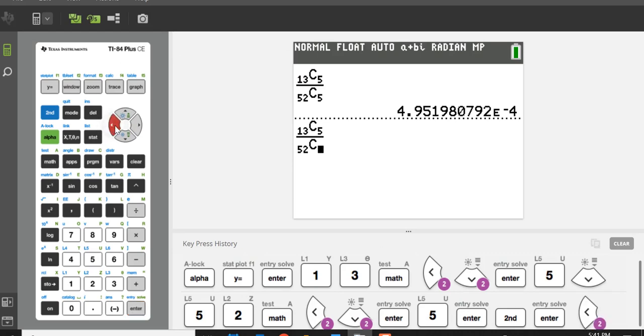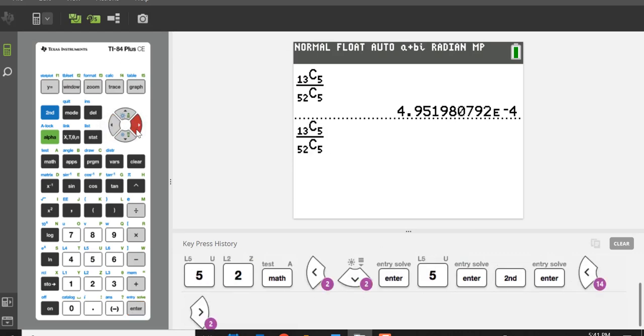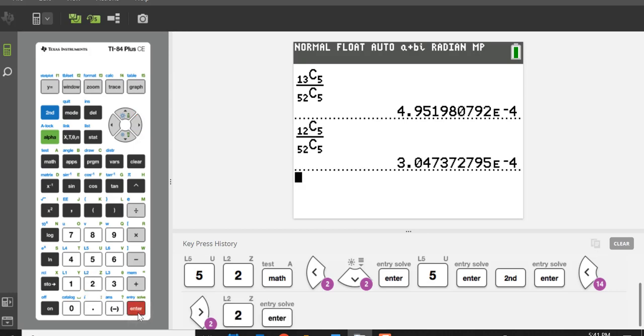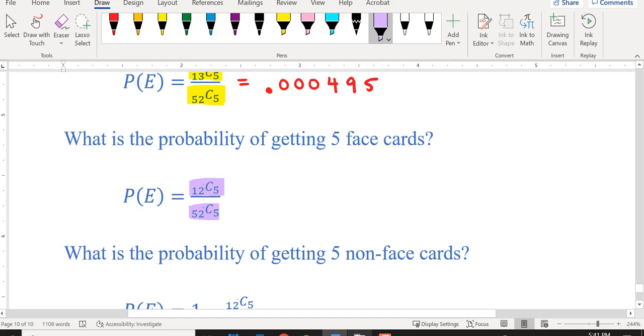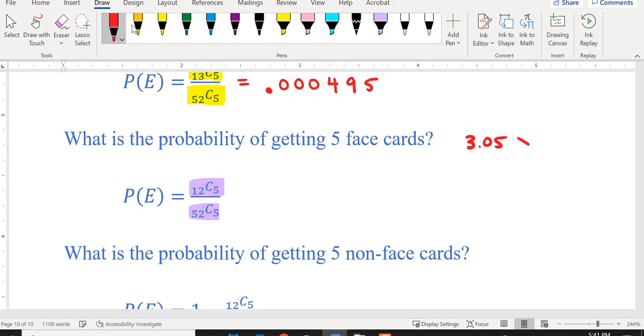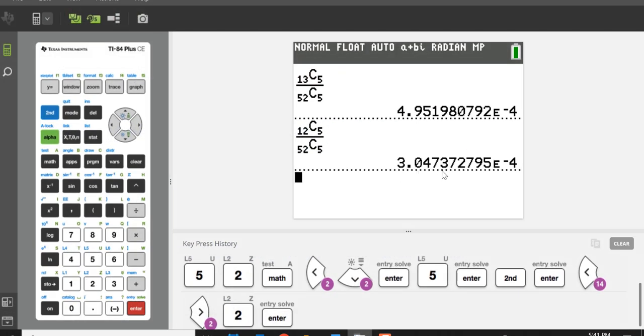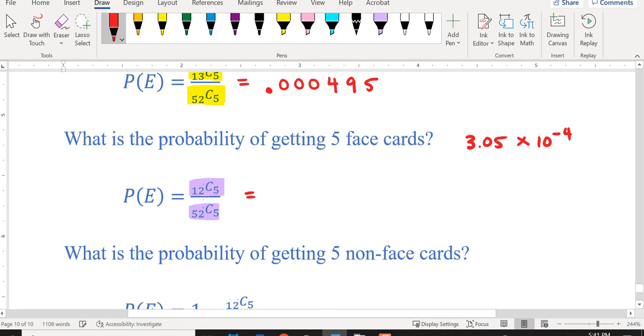So we need to change this to 12. We got 3.05 times 10 to the -4. Is that right? Yes. So that's going to be 0.000305.